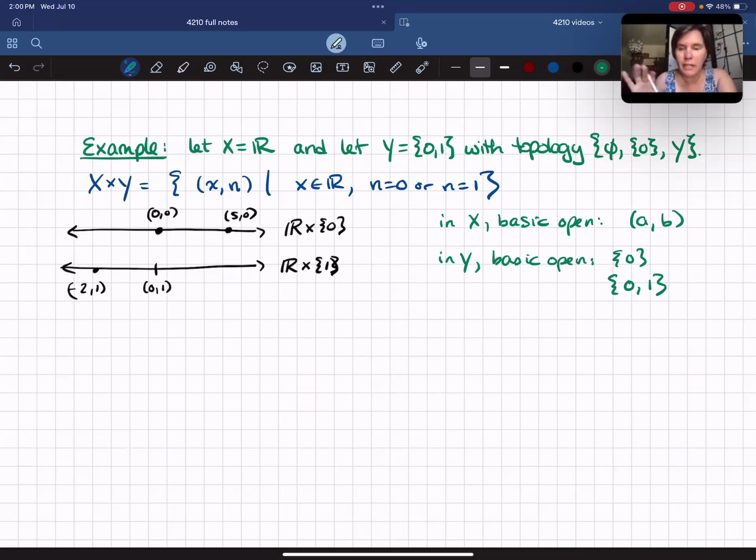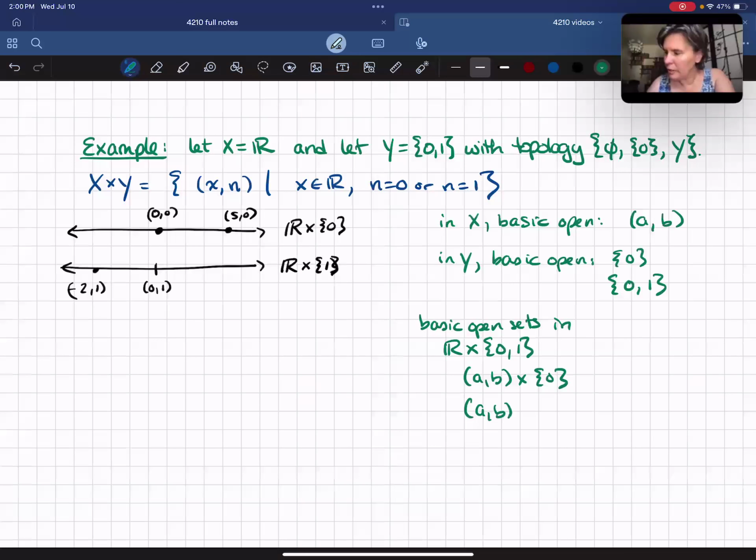So now when we take cross products of those two kinds of things, the basic open sets in R cross {0, 1} with this topology would either look like an open interval crossed with singleton {0} or an open interval crossed with {0, 1}.